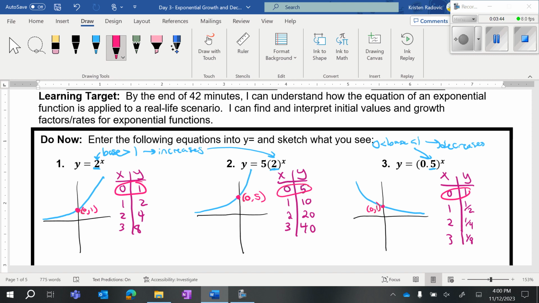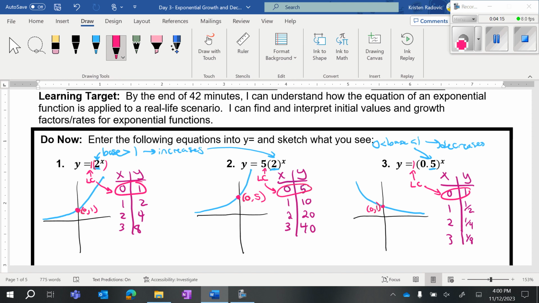And the question is, what gives us that difference between (0, 1) and (0, 5)? If you notice, this one has a leading coefficient of 5, so it gives us an initial value of 5. This one has a leading coefficient of 1. This is really 1 times 2 to the x. And this one is a leading coefficient of 1 as well. So that tells us what we're going to be starting with, our initial value.